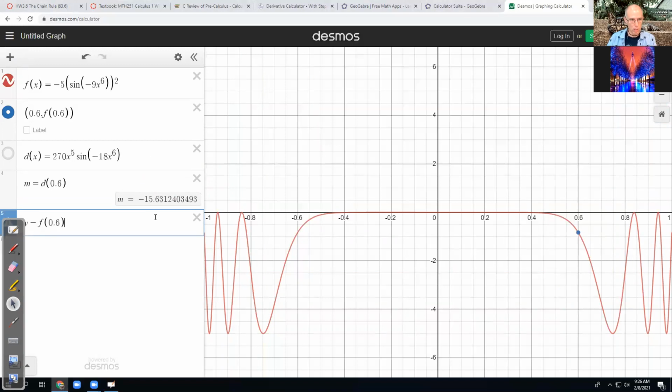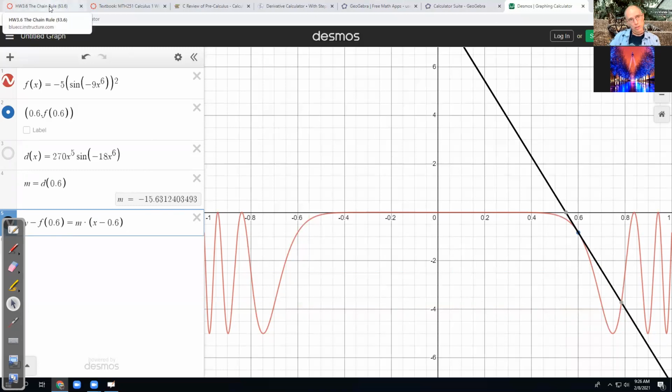Y minus y1 equals m times x minus x1, 0.6. Sweet, look at that. Nailed that tangent line. Yeah, so it looks like we do have the right slope function. It's a slightly different version of the function than came up with in the derivative calculator.